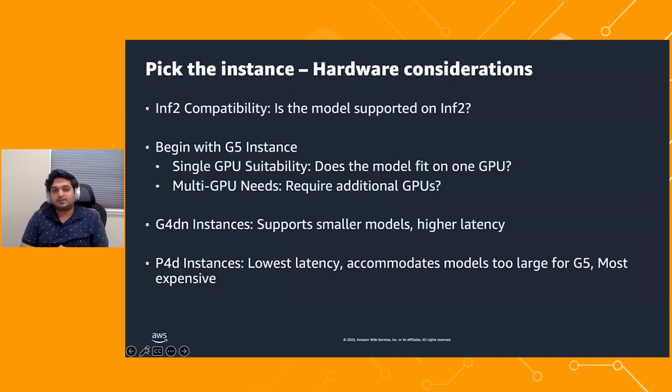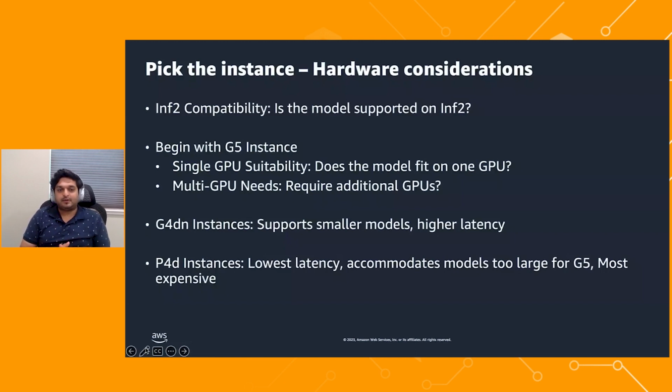Next, you would use G4dn instances if your models are smaller in size, and this usually comes with larger latencies. So if your application is latency sensitive, this might not be a good fit for you.